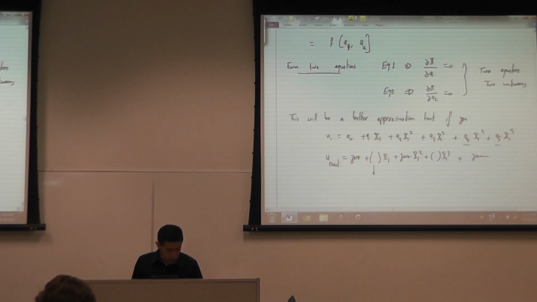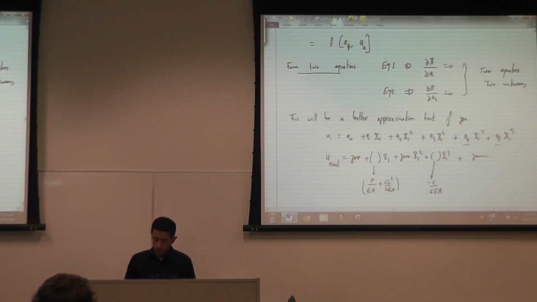This constant is P over EA plus CL squared over 2EA, and this constant is negative C over 6EA.